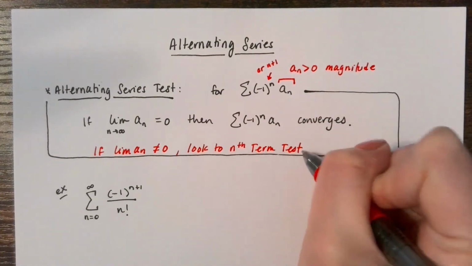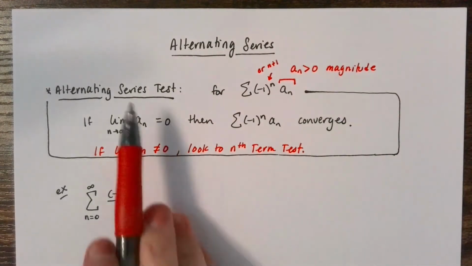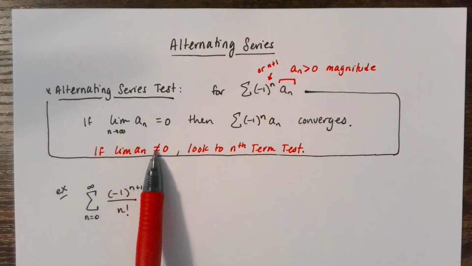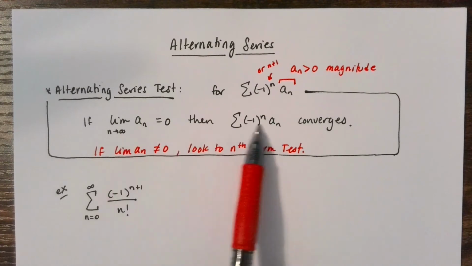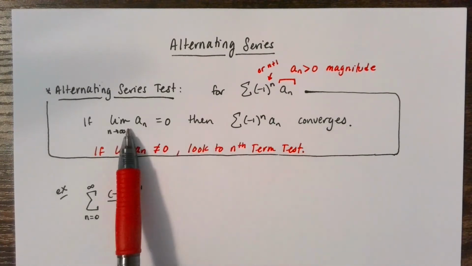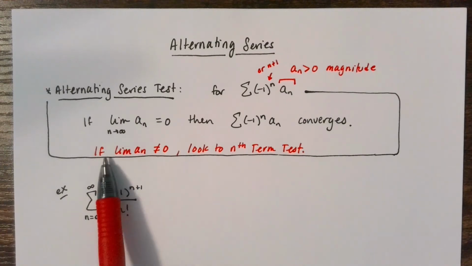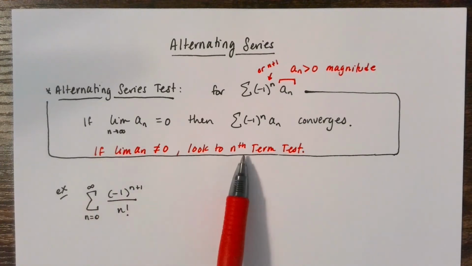This is the scenario where technically the alternating series test is inconclusive, right? The only conclusion is if this, then that. So if that's not true, this test just isn't giving you any information. But if that's true, the nth term test is probably what's going to save the day.